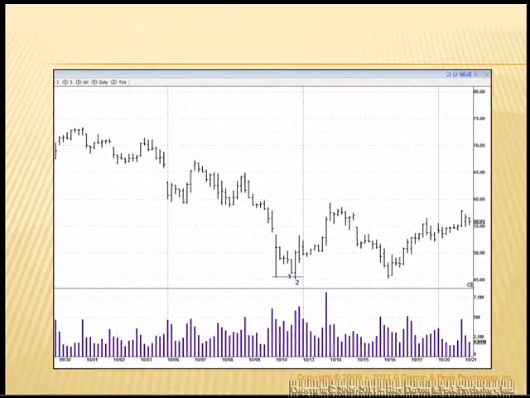Okay? So if we go back here and we look at bar number 3, we have a perfectly valid setup here, and the context is good. And we take this trade, but bar number 3 comes in and we scratch out of it, or we get out of it because we get scared. Then what we're doing is we're focusing on the wrong side of the paradox.